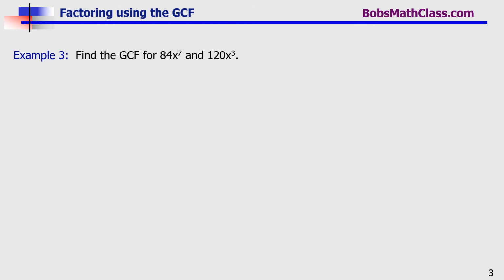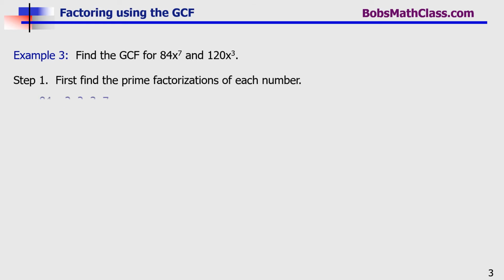Okay, 84 and 120. If you can see what the GCF for those two numbers is, that's fine. It's kind of tough because they're large numbers. So you may decide to do the prime factorization. There's 84, and there's 120.